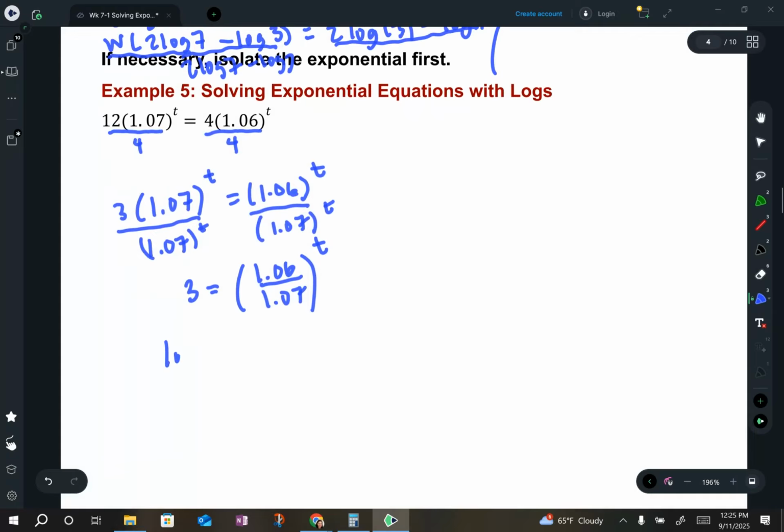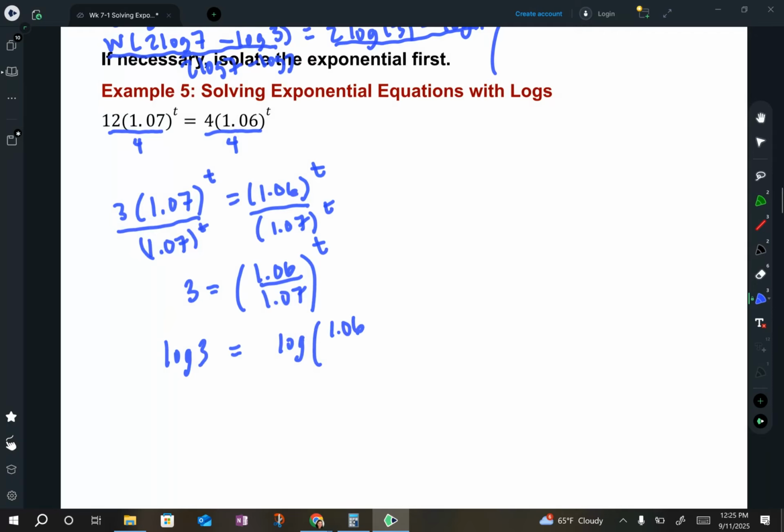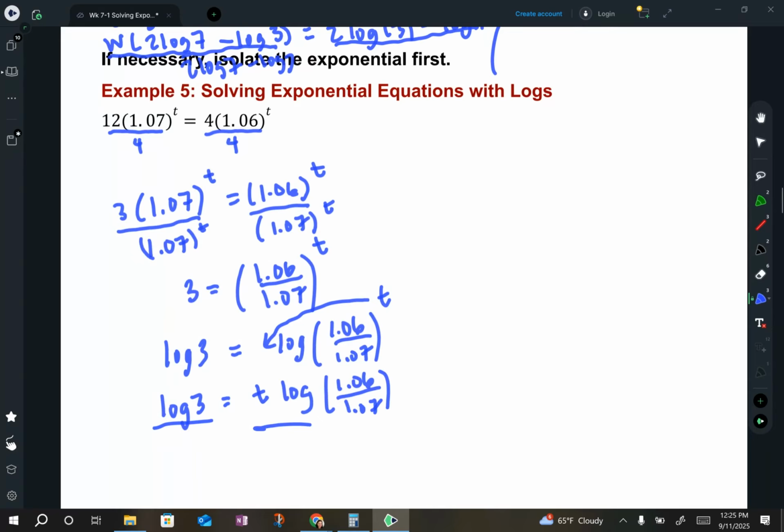So log 3 equals log of 1.06 over 1.07 to the t. The t can come down in front, and I get log 3 equals t log of 1.06 over 1.07, and then I just divide both sides by log of 1.06 over 1.07.